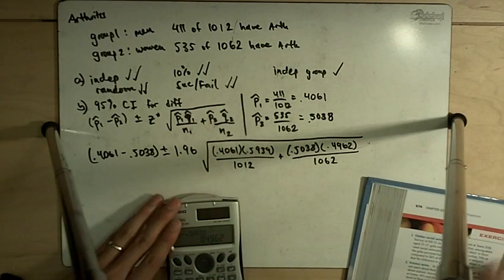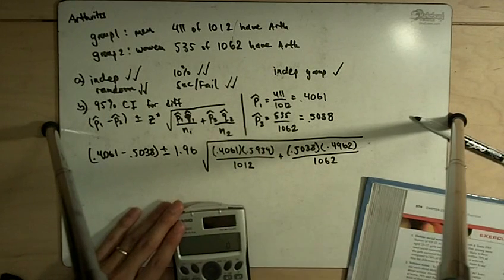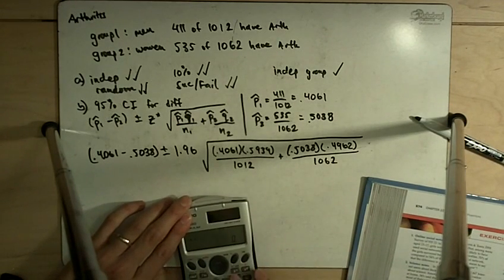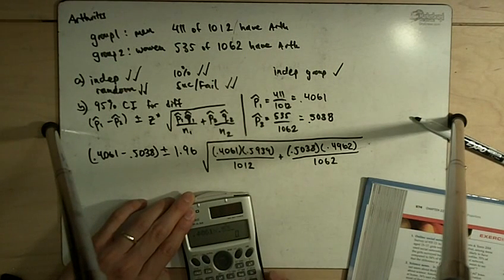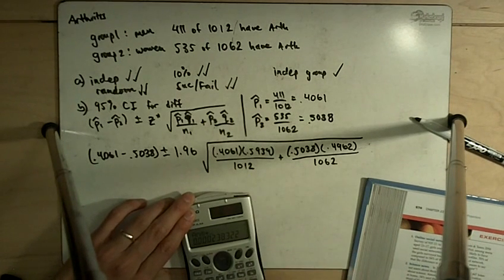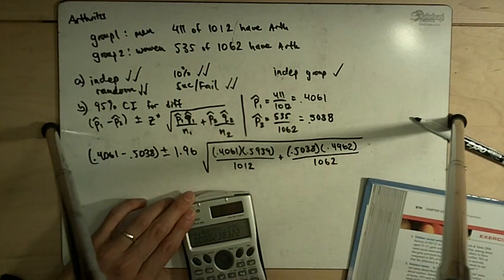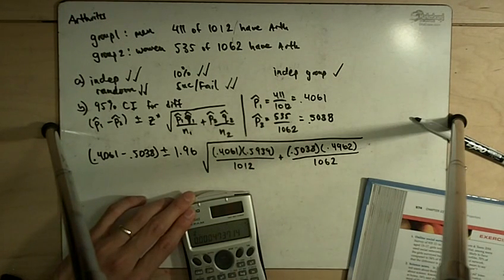Alright, so now it's just plugging in a bunch of numbers. So I'm going to do 0.4061 times 0.5939 divided by 1012 plus 0.5038 times 0.4962 divided by 1062. And I take the square root of that.